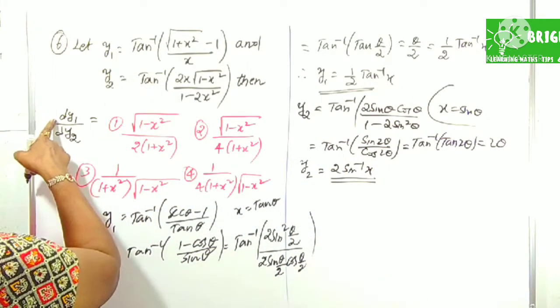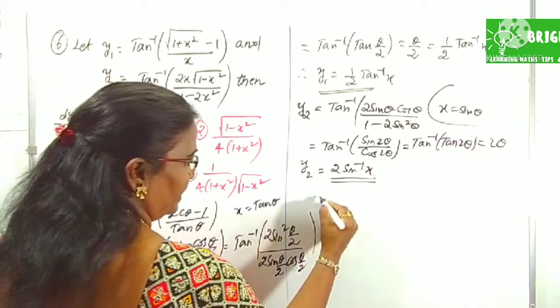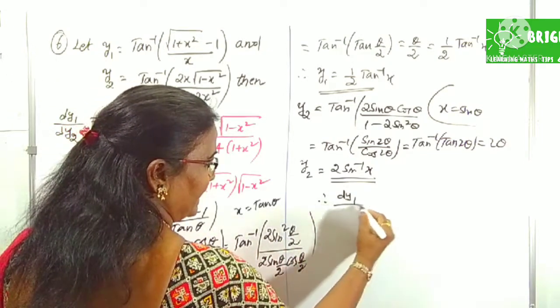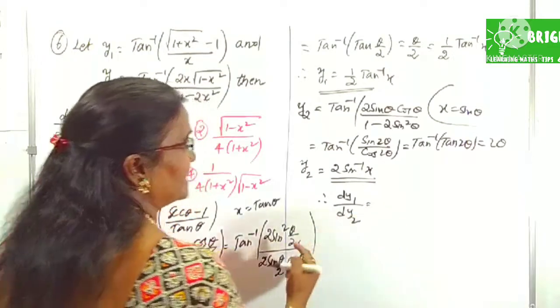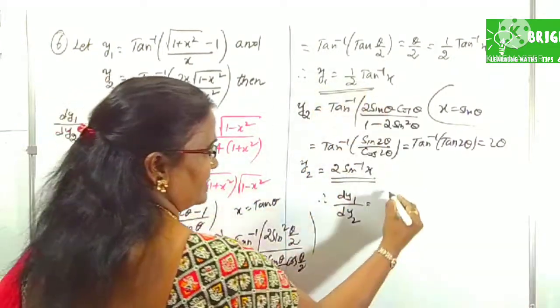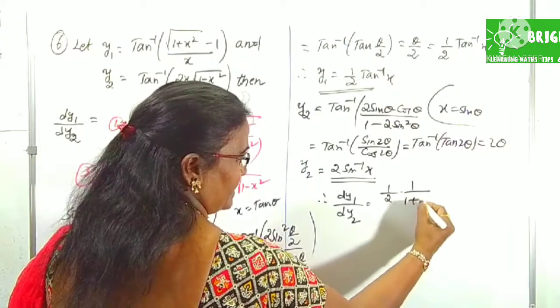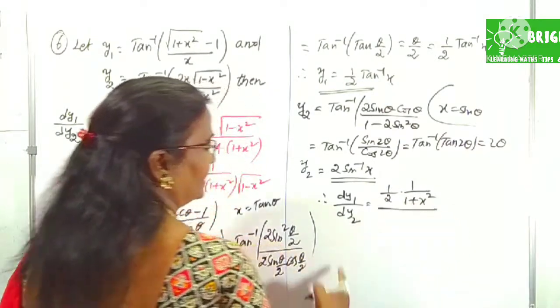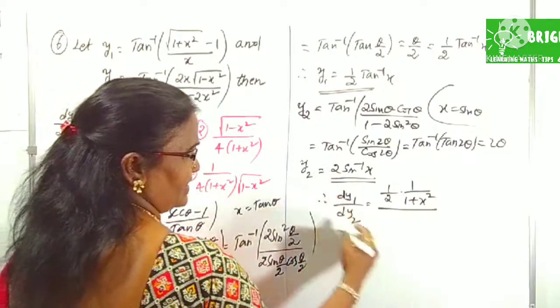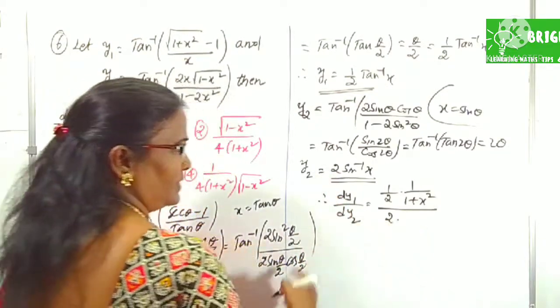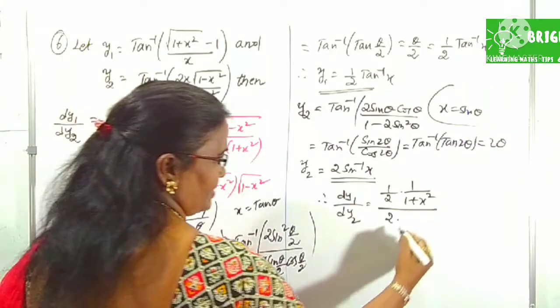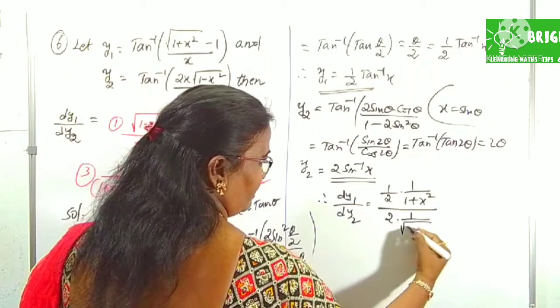We want the derivative of y1 by the derivative of y2. Therefore, dy1 by dy2 is the derivative of 1 by 2 tan inverse x. You know the tan inverse x derivative? Yes, 1 by 1 plus x square, upon the derivative of y2, which is 2 sin inverse x. That is 2 into, what is the derivative of sin inverse x? Yes, 1 by root over 1 minus x square.